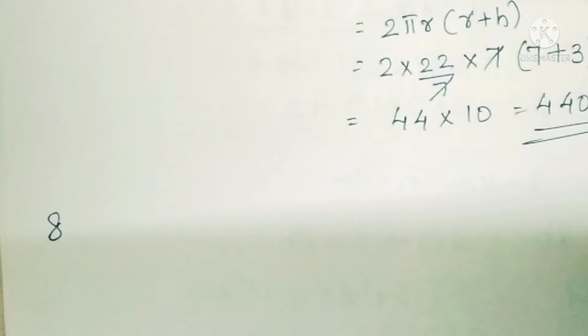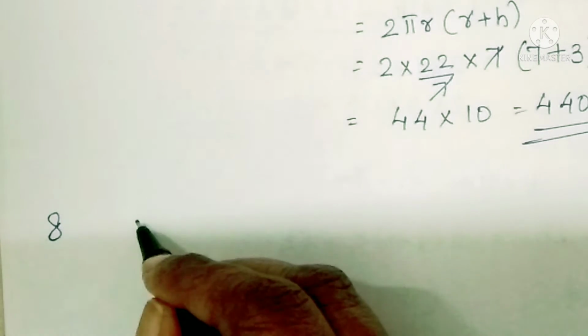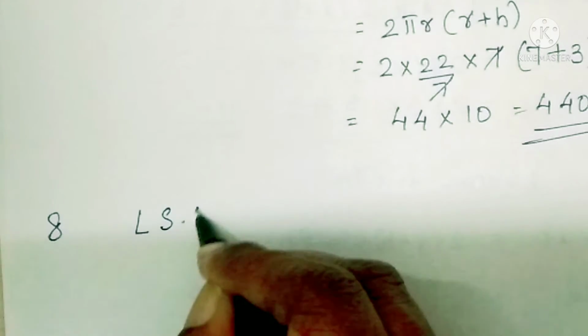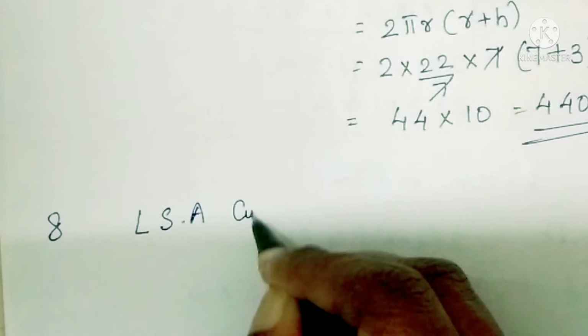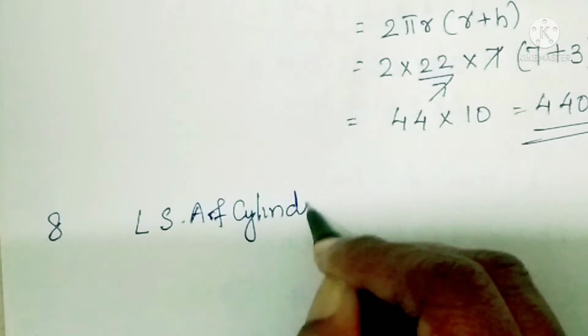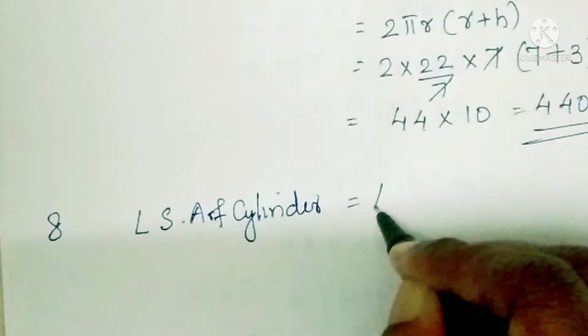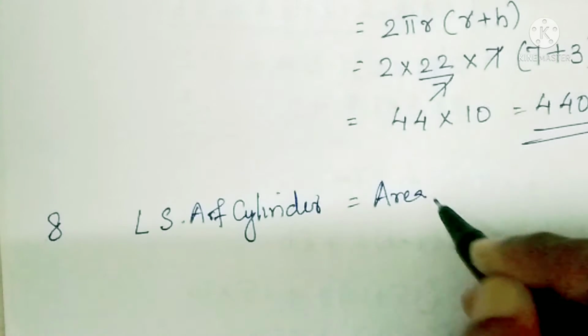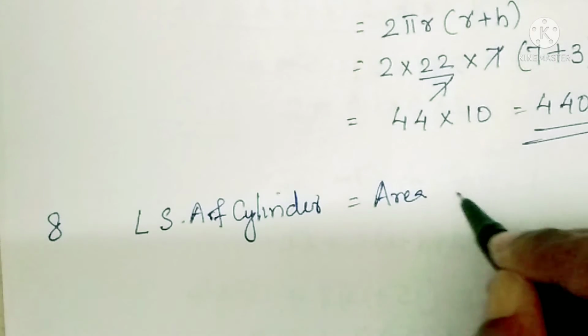Previously it was a closed cylinder and both the end faces we have to count. But here the lateral surface area is given. So LSA of cylinder is equal to area of rectangular sheet.